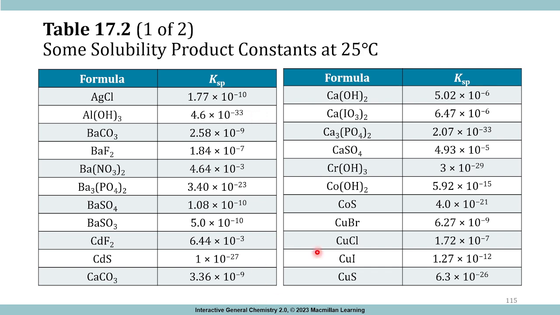Again, these are all what would be normally considered insoluble salts from Gen Chem 1, meaning almost none of it dissolves, right? A number like 10 to the negative 3, though, means this actually dissolves to some degree. So if you were to put this in water, you would find cadmium and fluoride, okay? You wouldn't find a lot of it, but you'd still find it.